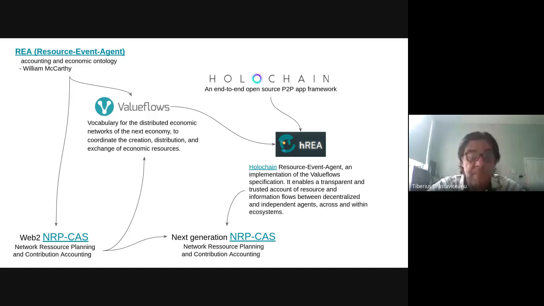And then you have all these processes in the context of a project that trace the use of all these resources, including people's time. Okay, so that's what the NRP does. And then you build a ledger of economic activity.